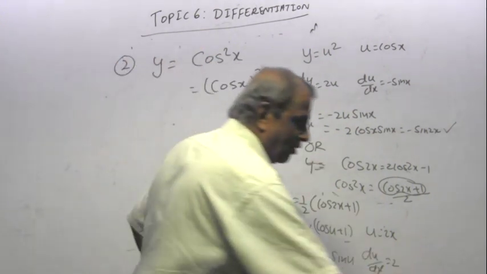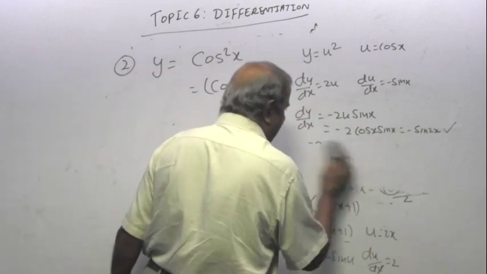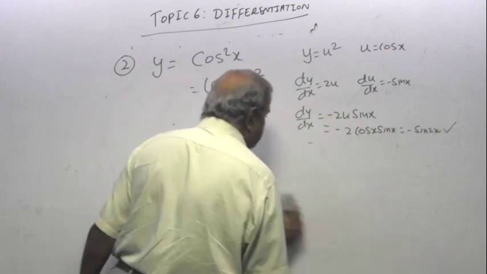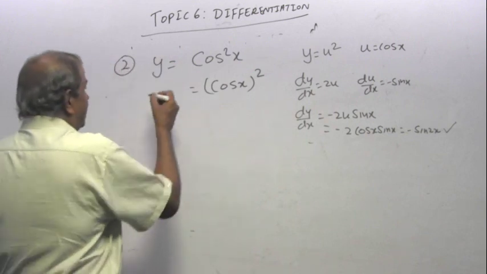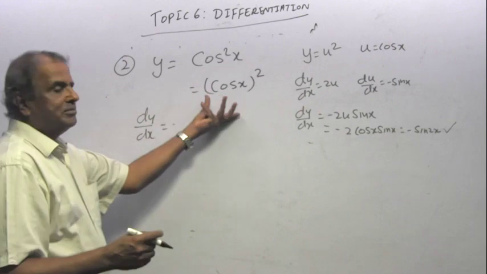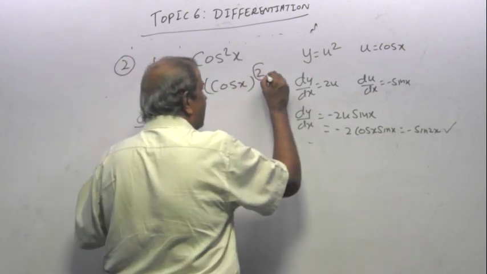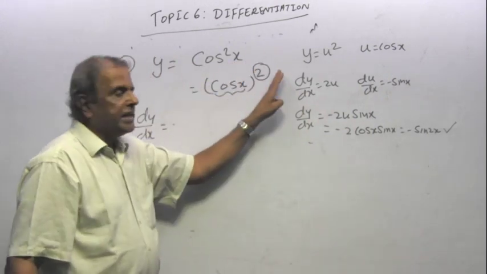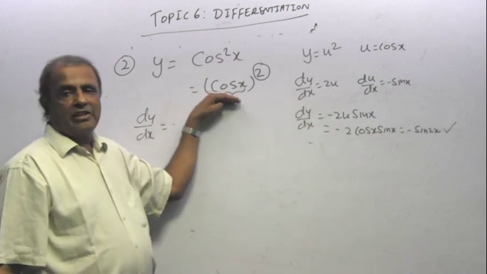But I will avoid all this with my onion rule. So let me just leave the final answer there. You have seen how complicated it can be and how simple it can be when I use the onion rule. So dy by dx. I have my onion. It only has two layers. The outer layer is a square, the inner layer is cos x. When I am differentiating the square, or peeling the outer layer, the inner layer is not affected.